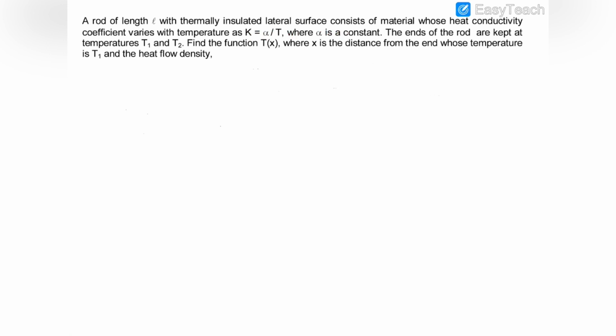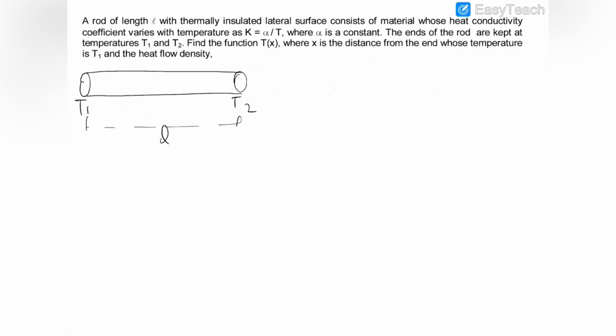The ends of this rod are kept at temperatures T1 and T2, and we have to find the temperature as a function of x, where x is the distance of a point from the first end, which is at temperature T1. So let us assume that there is a rod which has temperature T1 at this end and T2 at this end.